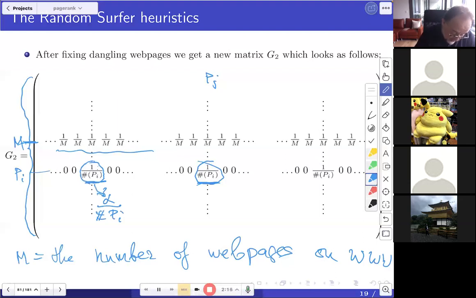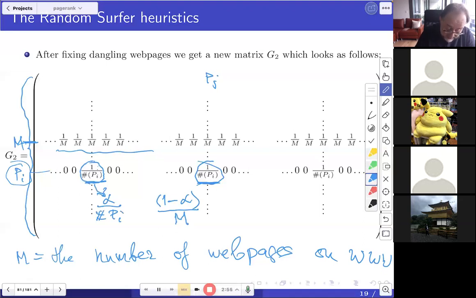But then we also leave the opportunity that with probability 1 minus alpha, we jump to an arbitrary place. So for all web pages, we have to add 1 minus alpha divided by n, right? Because if you are at Pi, you can jump to any web page. So the probability to jump is 1 minus alpha, because alpha is the probability to follow a link.